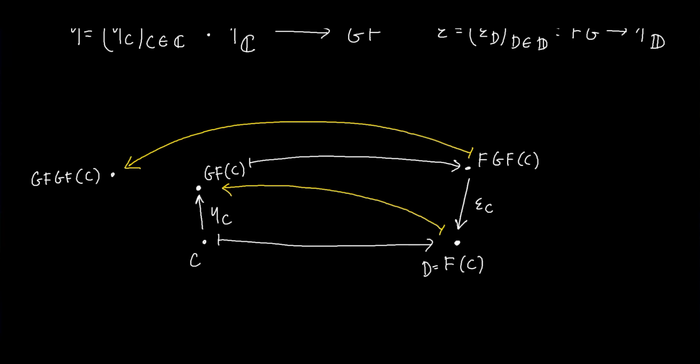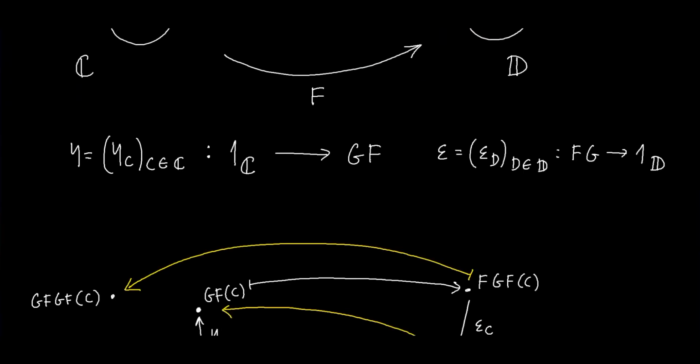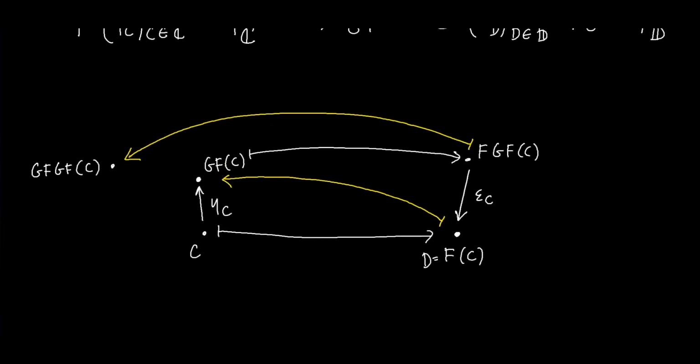I want to somehow, what I'm trying to do here is to have some kind of relationship between eta and epsilon, but they live in two different categories. So I struggle to have a relationship between them if they live in two different categories. But maybe by going with the functors back and forth, I can bring some versions of them at least together and then try to compare them.